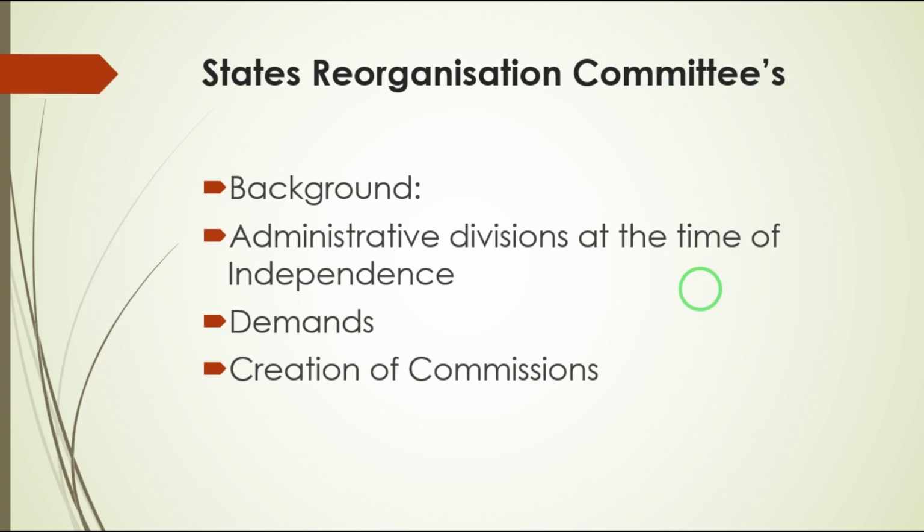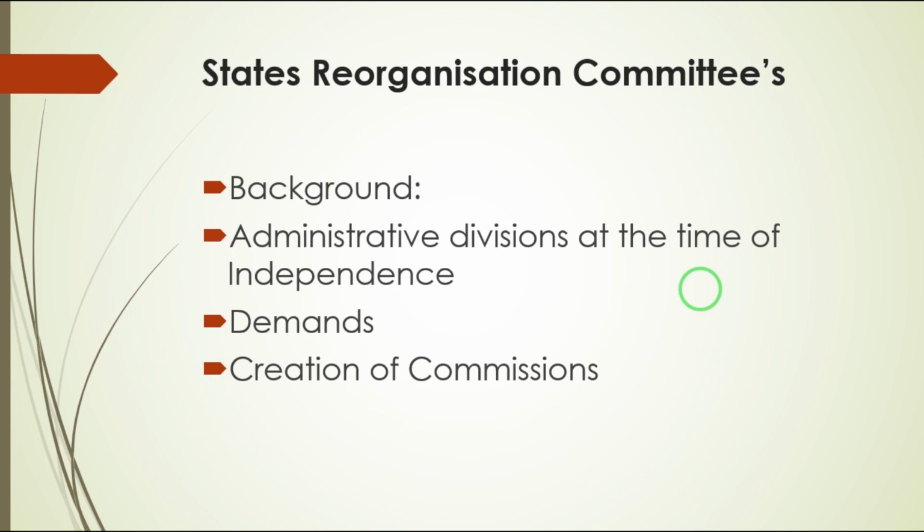However, in course of time, they too were integrated within India. Hyderabad by means of police action, or you can say it was the work of the Iron Man of India, Sardar Patel, Junagadh by means of referendum, and Kashmir by the instrument of accession.